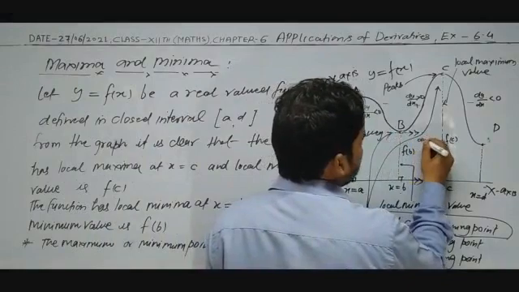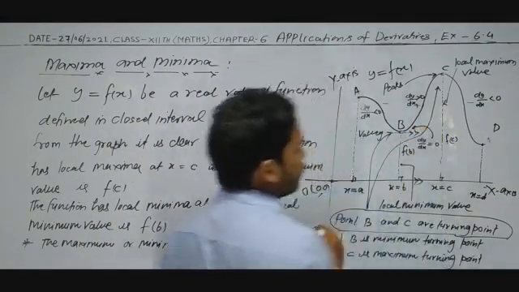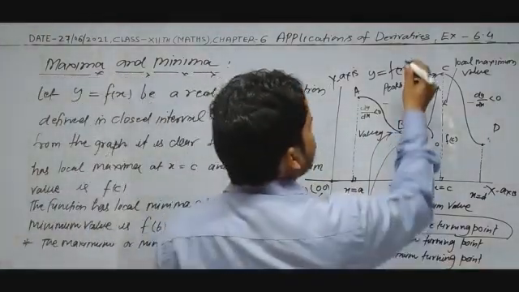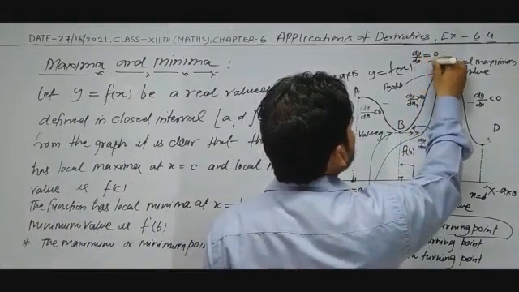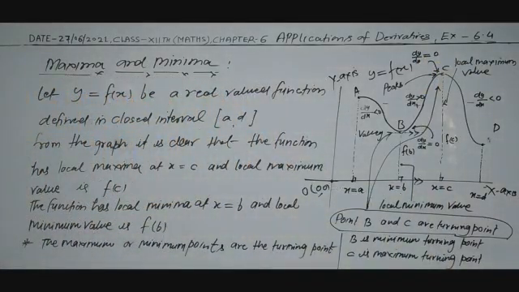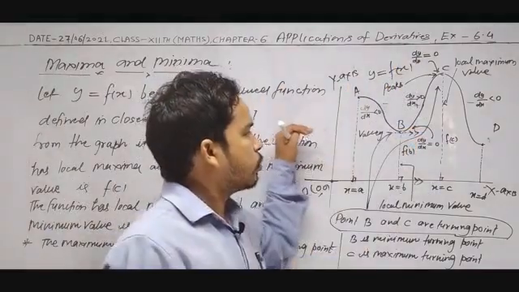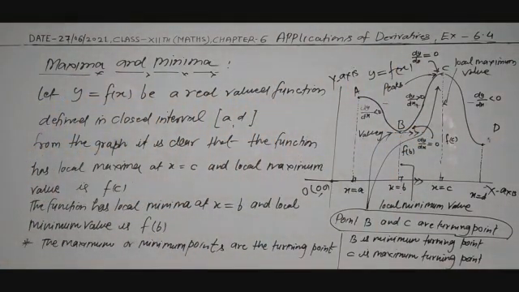So dy by dx is 0 at x equal to B, and again dy by dx is 0 at x equal to C. So the tangent makes an angle of 0 degrees with the positive direction of the x-axis.